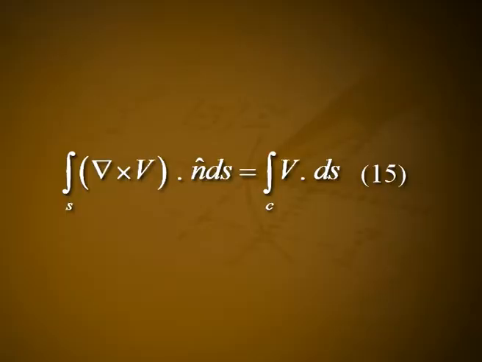To make it more clear, let us find out the integral of the normal component of del cross v across a surface S bounded by a curve C. Using Stokes' theorem, we obtain integral over S of del cross v dot n dS is equal to integral over C of v dot ds. Let it be equation number 15.